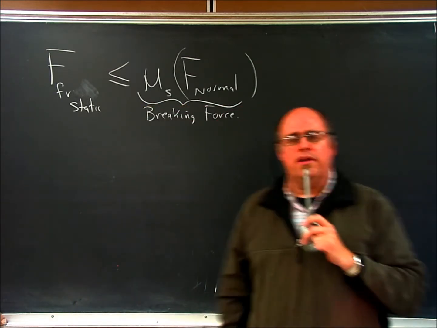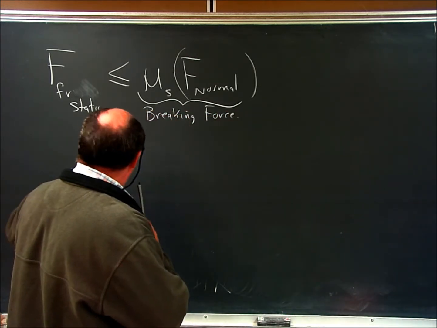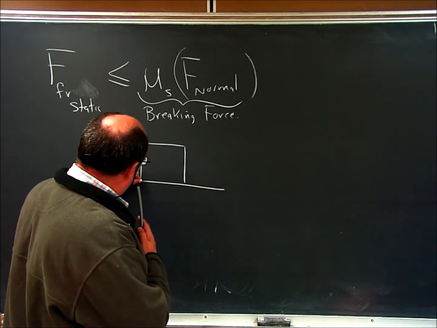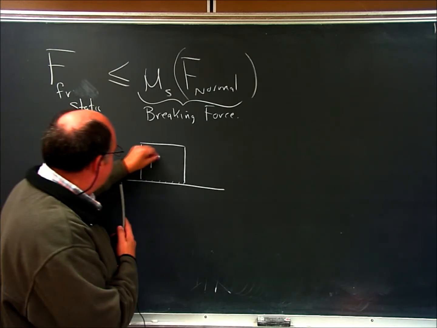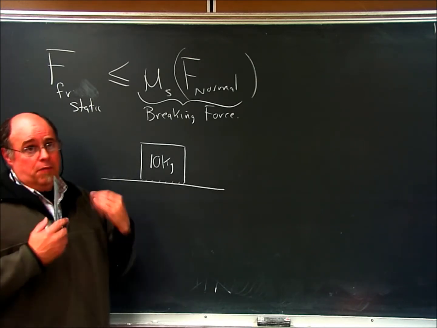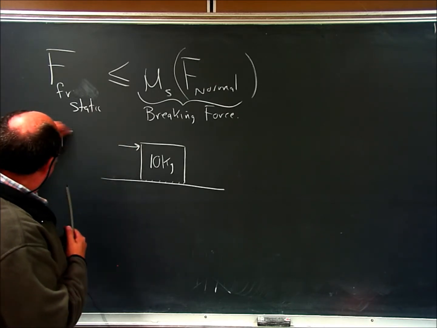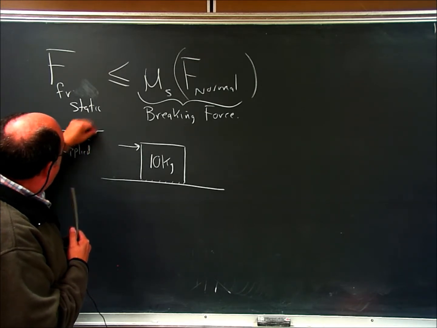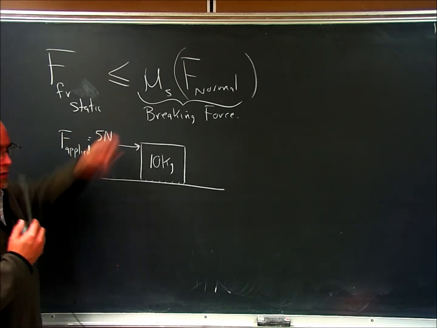If you pushed on something, for instance, as an example, here's a box, and there's friction between these two surfaces here. The box could be many different numbers. It could be a 10 kilogram box. It's just for an example. Let's say that I am pushing on it with an applied force of 5 newtons. So I push on it with my pinky with 5 newtons of force.